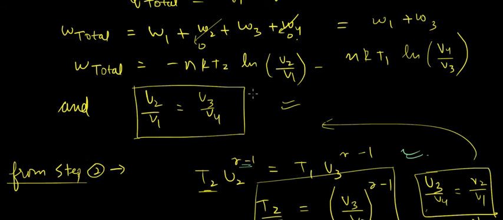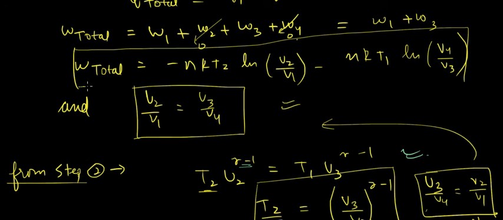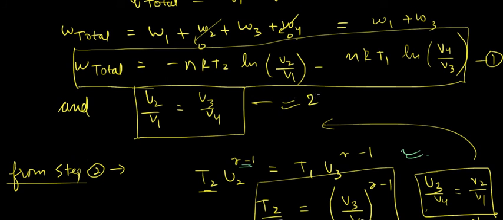Okay, so let's put the result in the above equation. If we replace this term here, V4 upon V3, with V1 upon V2, we will be getting something like this. I'll again write the two equations lower down. This is equation number 1 and this is equation number 2.